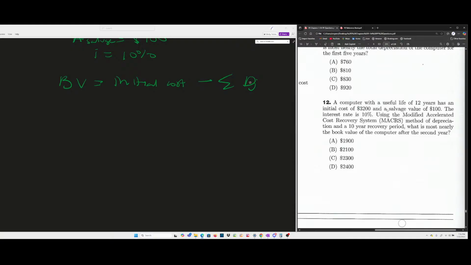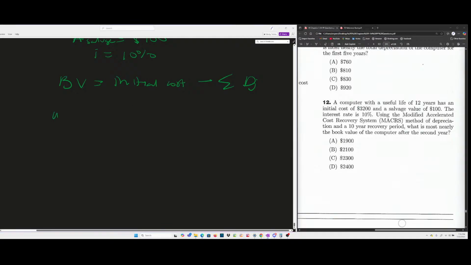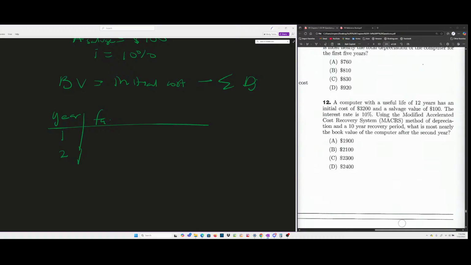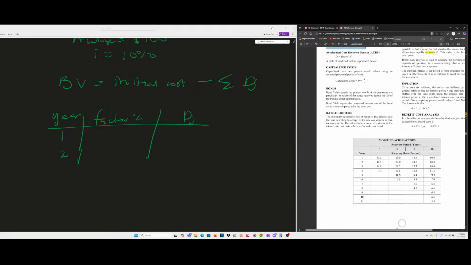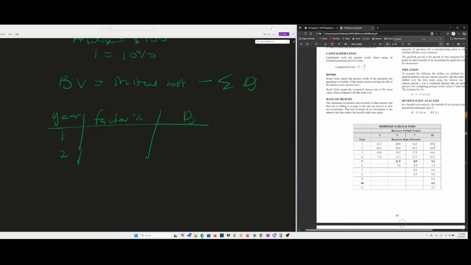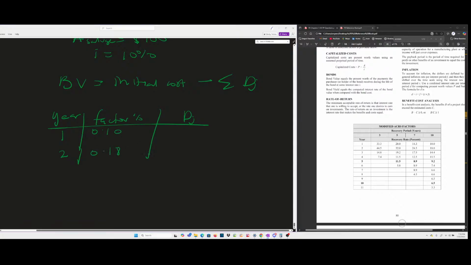So how are we going to do this? We're going to ignore the salvage value, and we're going to have years 1 and 2 with the MACRS recovery factor and DJ. This is a 10-year recovery period, so we go to MACRS 10 years recovery. Our factors are 0.10 and 0.18.